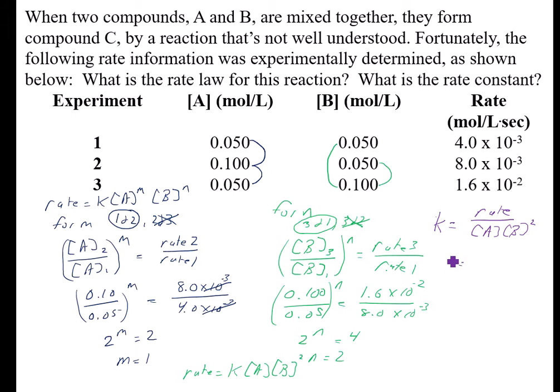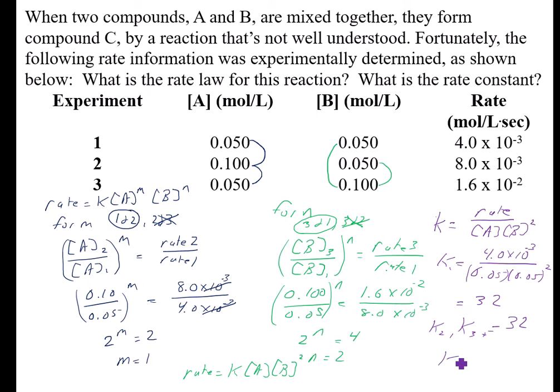So K for experiment 1 is going to be 4.0 times 10 to the minus 3 divided by 0.05 and by 0.05 squared, and I get 32. These are very artificial numbers. You notice that these were exactly 2 and exactly 4, exactly 2 and exactly 2. So actually it turns out that K2, K3, and, oops, that's all of them, also equal 32.